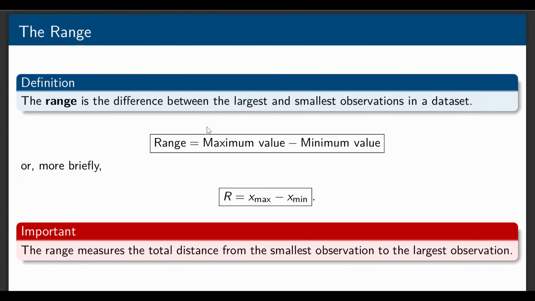Let's look at the range now. The range is the difference between the largest and the smallest observation in a data set. In simple formula form, range is equal to maximum value minus minimum value. Therefore, once you can identify the maximum value and the smallest value in your data set, you can find your range.